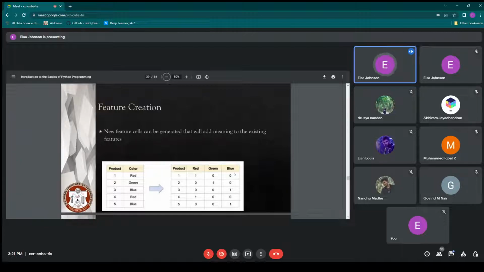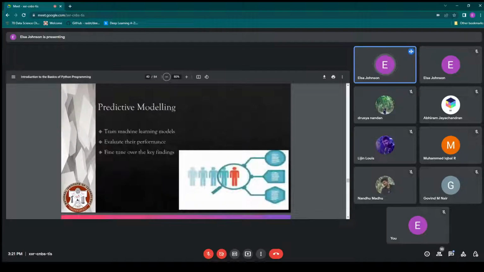So this is feature creation. Earlier there was one feature named color. Now three more features have been created from that, named red, green, and blue, to add more meaning to the data.